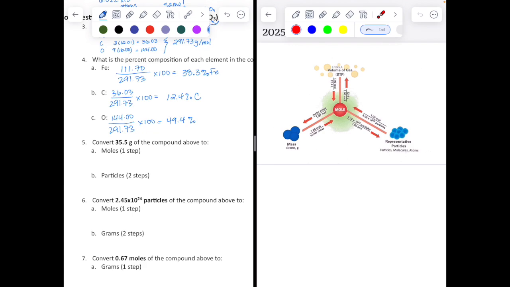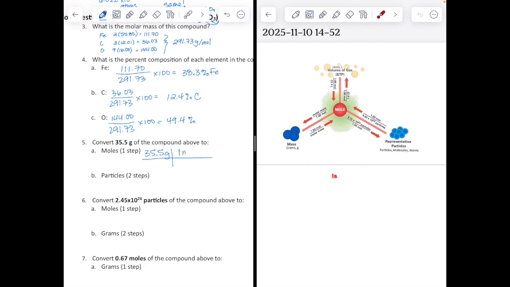So we're going to start with the number in the problem. The number in the problem is 35.5 grams. I want to use 1 mole over the molar mass. So on this side, I'm going to go 1 mole over the molar mass. The molar mass was 291.73. So that's going to go on the bottom. The molar mass is grams per mole, so I have grams per 1 mole.